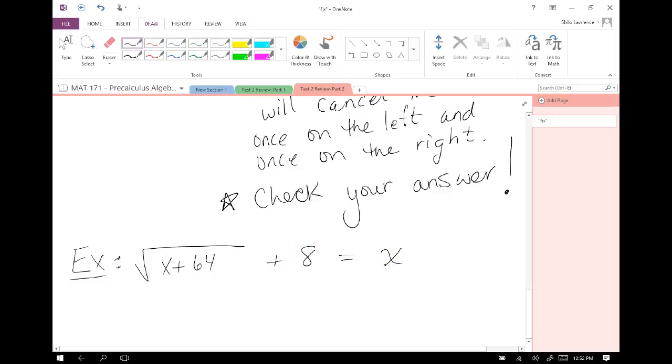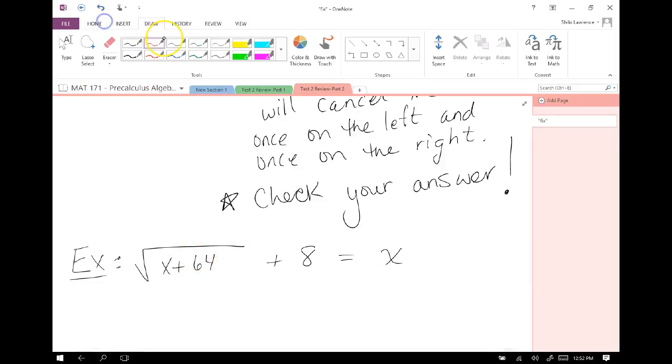So our goal is to turn this into a linear equation or a quadratic equation somehow. But we see a square root in here, so we need to fix that. And the way that we fix that, I know that squares will cancel square roots. So at some point, I want to square this to cancel the square root. But I don't want to do that until that square root piece is all by itself.